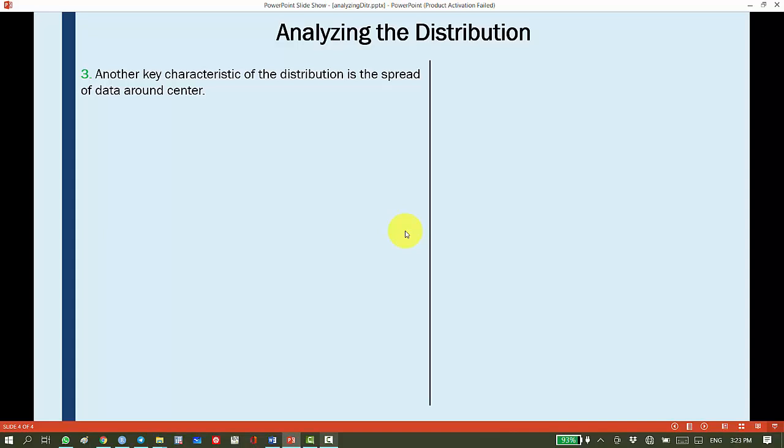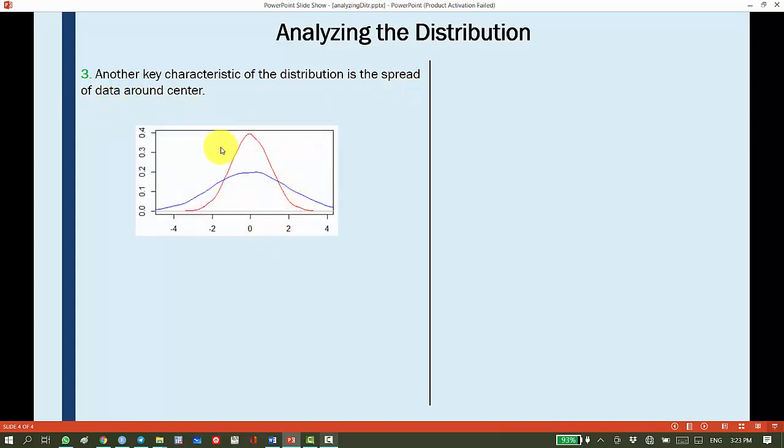Another key characteristic of the distribution is the spread of the data or observations around the center. If you look at these 2 distributions, you see that the red one is more concentrated around the center, while the blue one is more spread around the center.